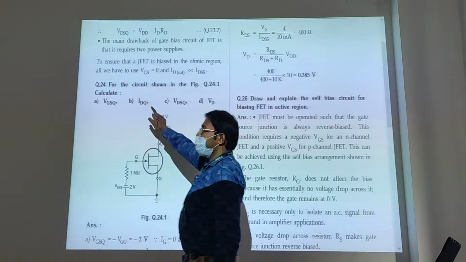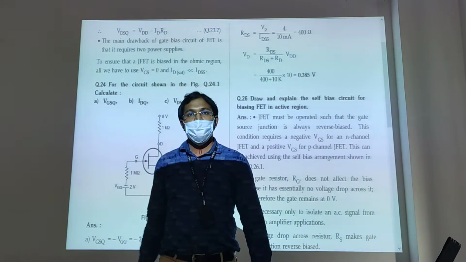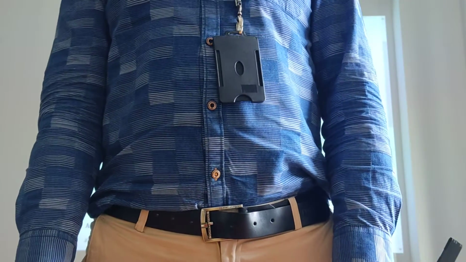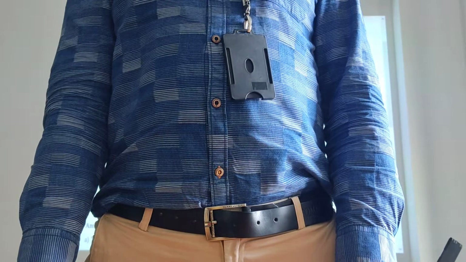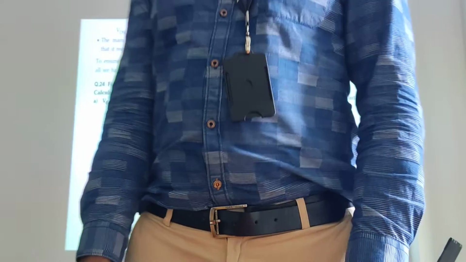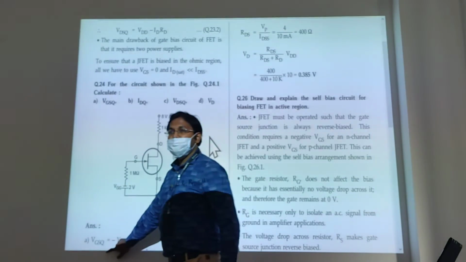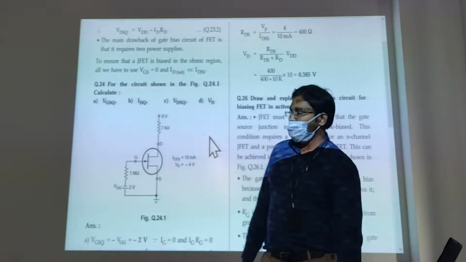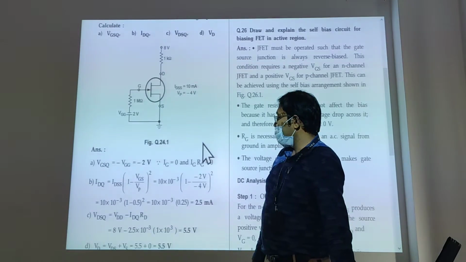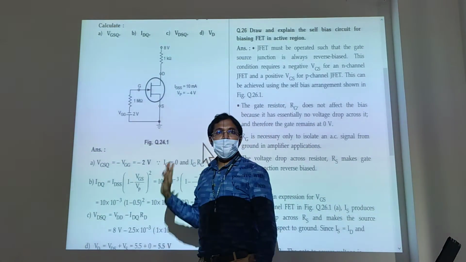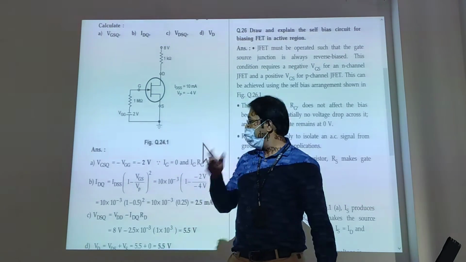Next, second bit. What are they asking? They are asking IDQ. We have to use the formula ID equals IDSS into 1 minus VGS by VP whole square. VGS we just now calculated.